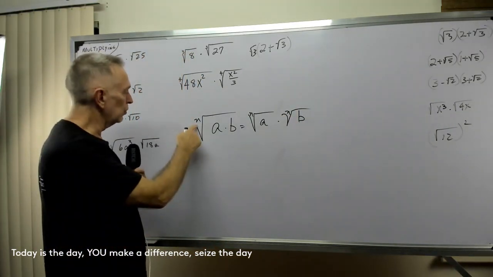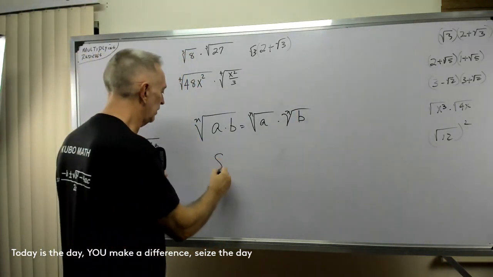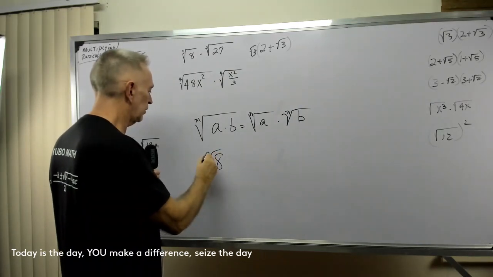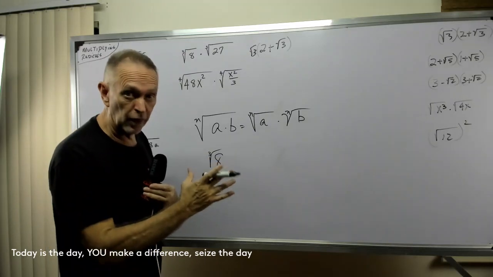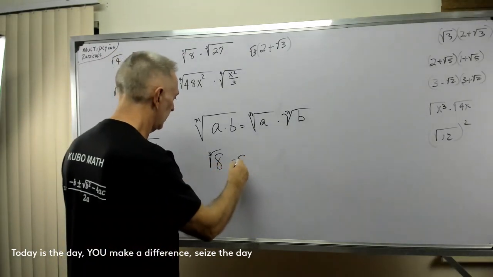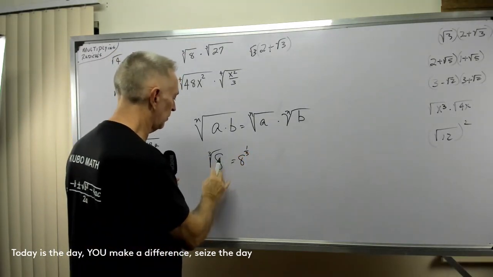Then the nth root, let's say I have the cube root of 8. Now really that's 8 to the 1/3 power, that's what that really means.